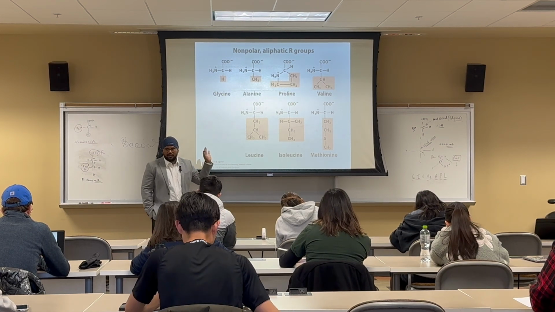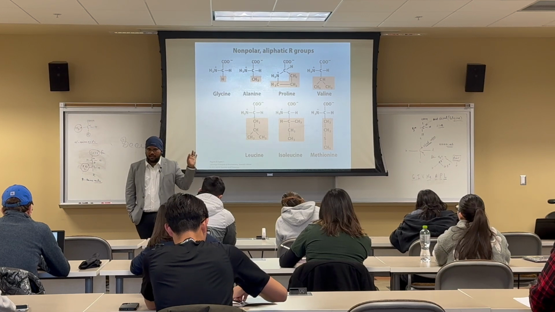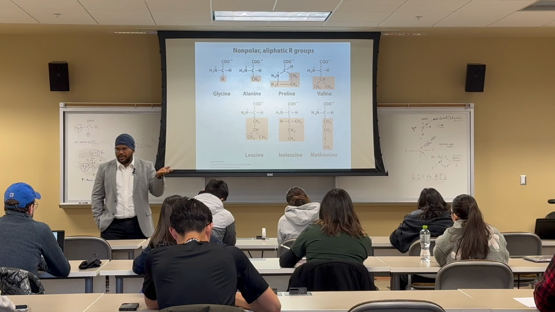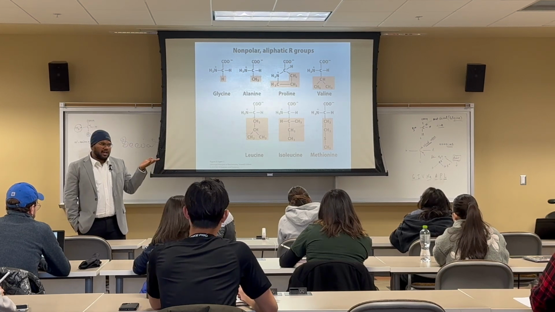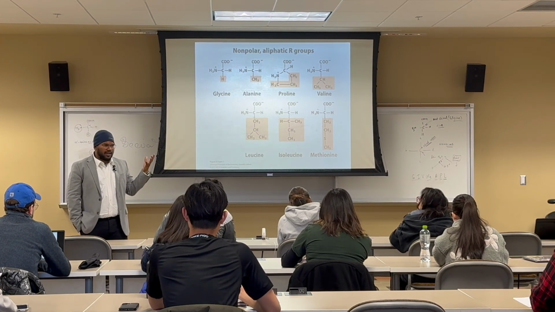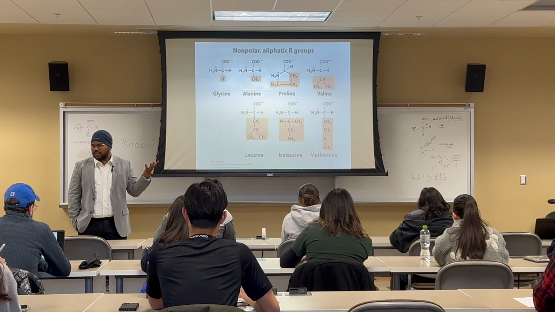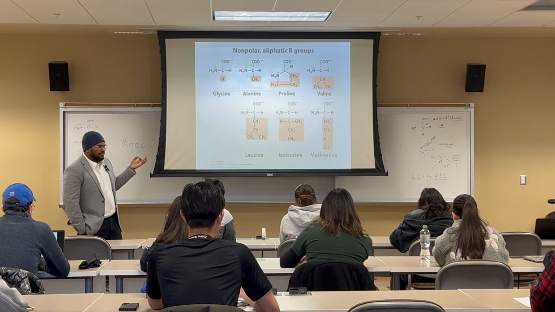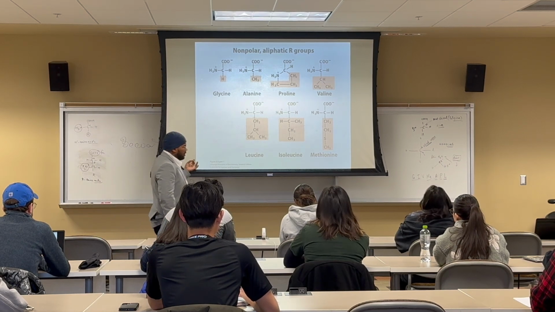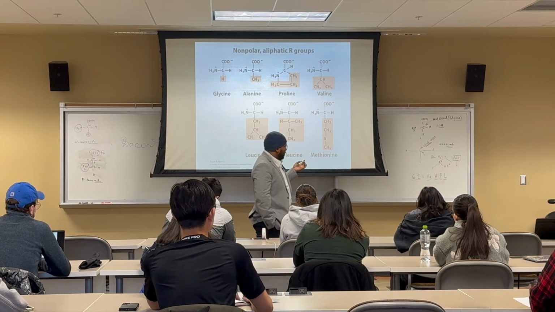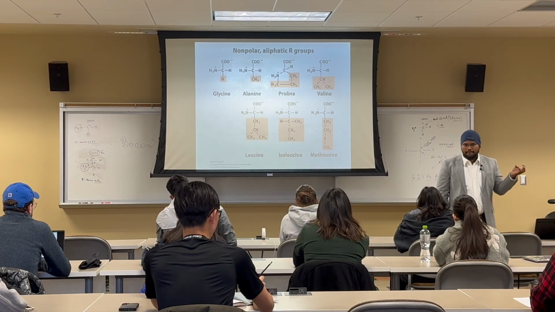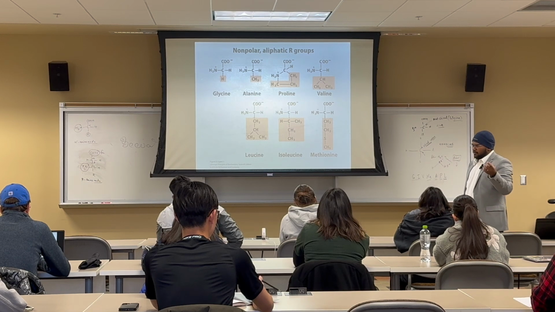G for glycine, I for, V for, you have to speak up. That's how you create your memory. If you don't speak up, you will not remember those names. So please speak up with me. G for, I for, V for, M for, A for, P for, L for. One more time.